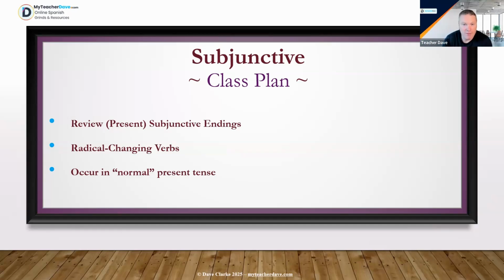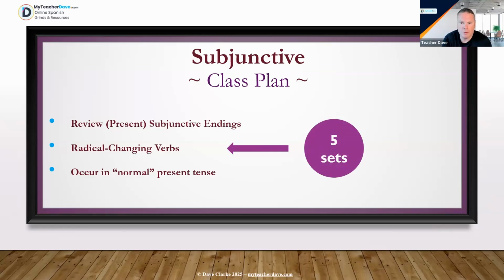As you might already have an idea, there are lots and lots of verbs in Spanish, unfortunately, that have irregularities in the present tense, have these stem changing verbs. And we're going to organize them into 5 simple groups for us. So we take one group, one set at a time, and we break this whole topic down for ourselves.